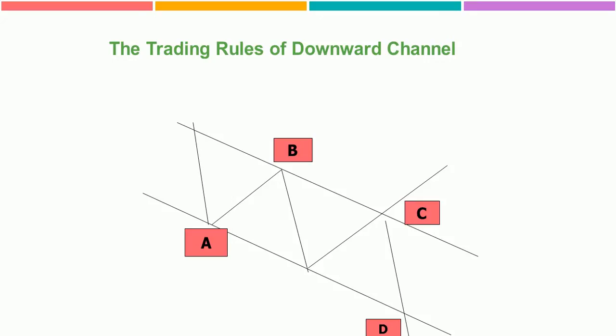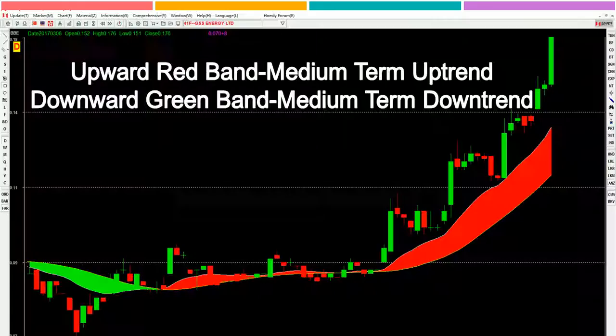Then if you see the price drop here and touch the support, here is another buy point. So if the trend is in a downtrend, there is one sell point and 4 buy points. This is the trading rule of the upward channel or downward channel.